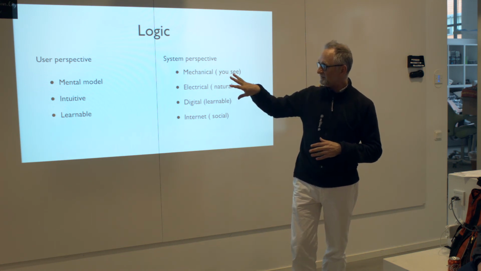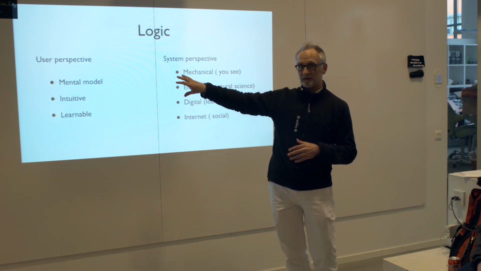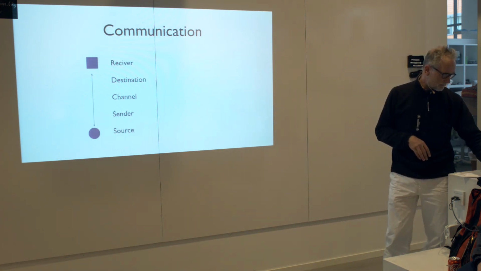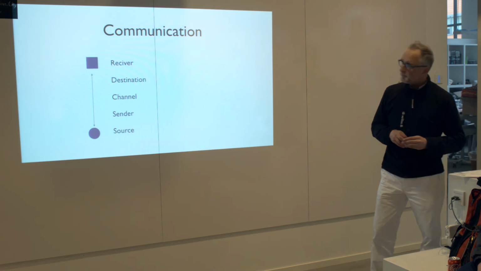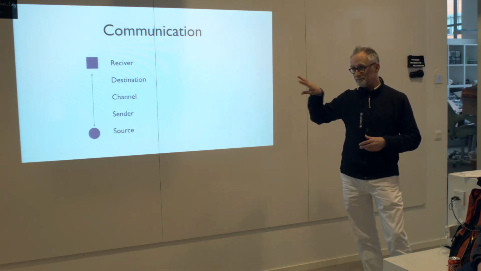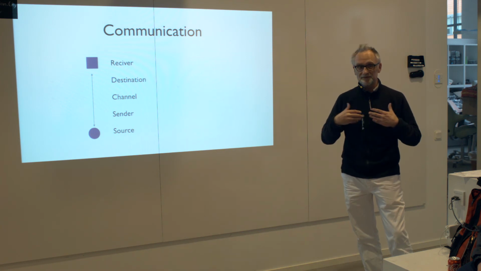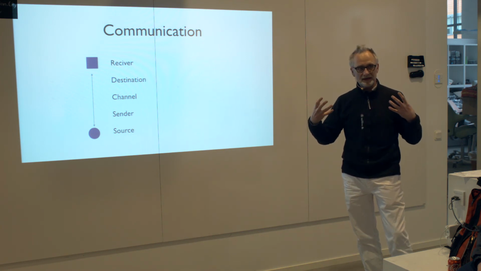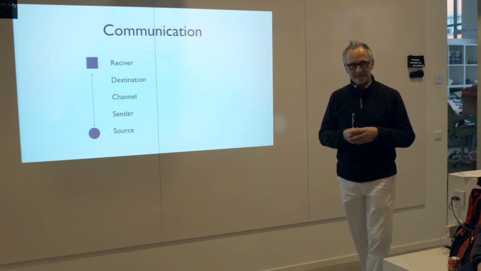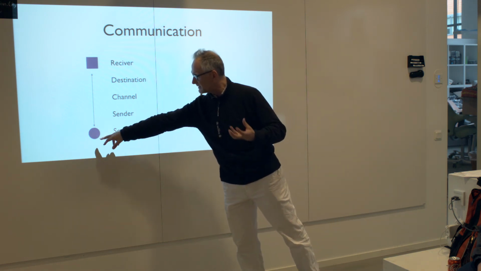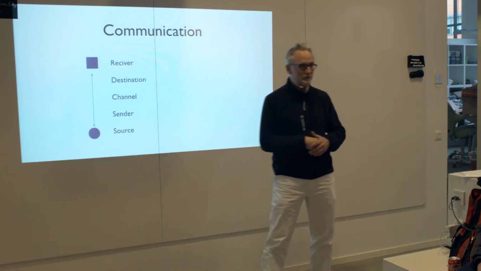So this is just a way of describing user perspectives. And this is maybe the most important or most difficult thing, because especially when we talk mobile interfaces, basically we use it for communication. It's a communication tool. And communication is that you send one piece of information to a receiver.